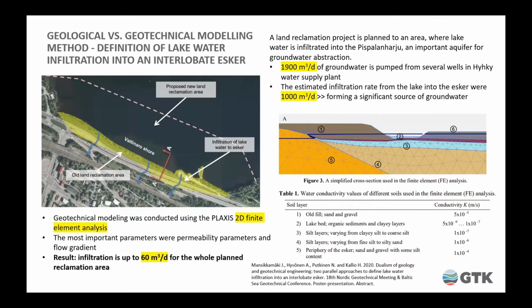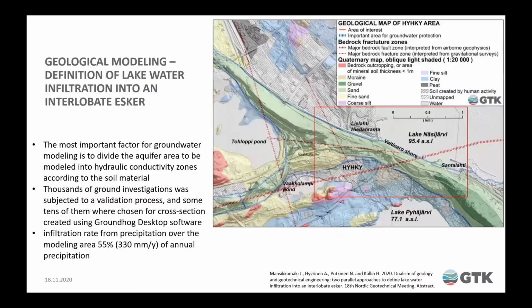They made one cross section here at the shoreline. The cross section is shown here. They analyzed the soil types and got the result of 60 cubic meters per day for the infiltration rate. So this is much less than this first estimation of 1,000.